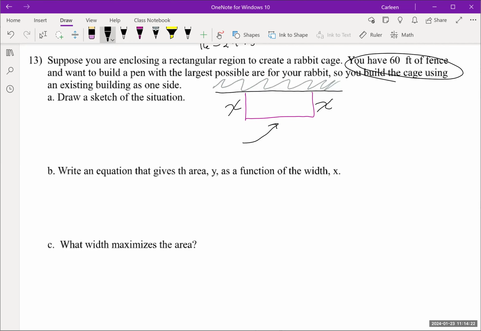All right. 60 minus 2x. Good job. Okay. Area is y, the width is x. So how do I find the area of a rectangle?